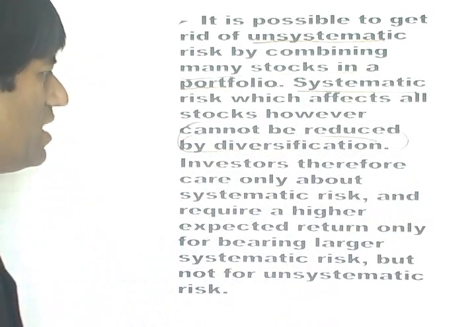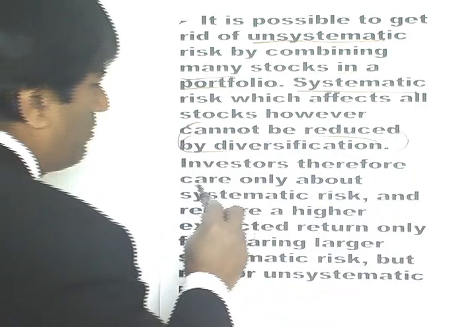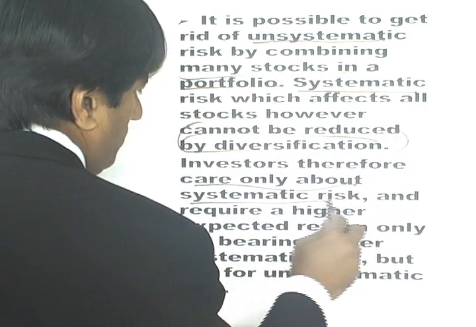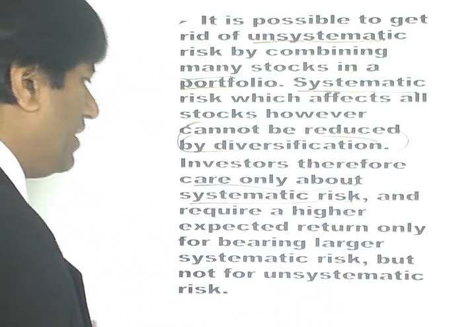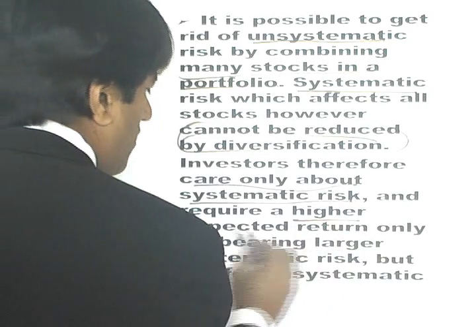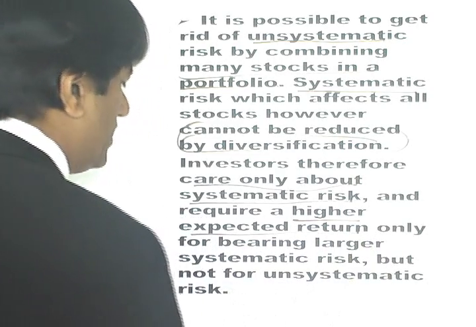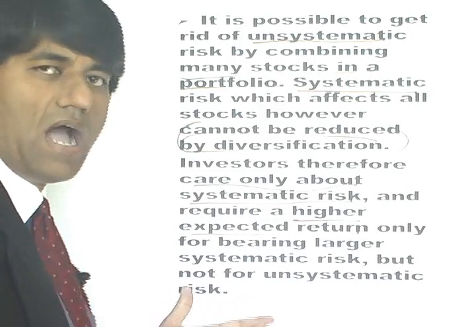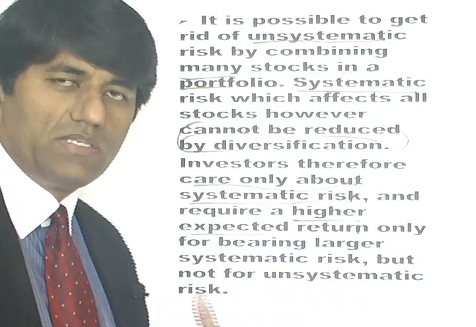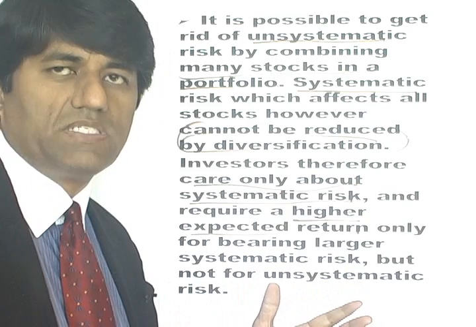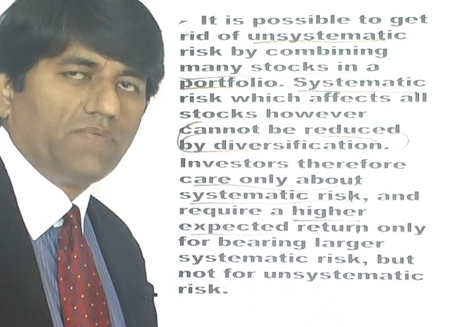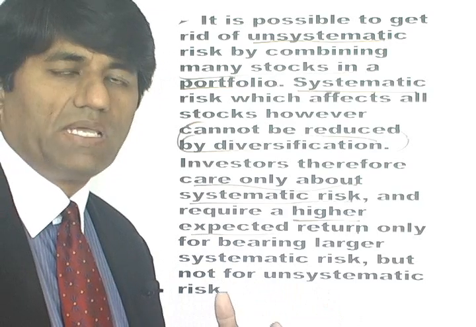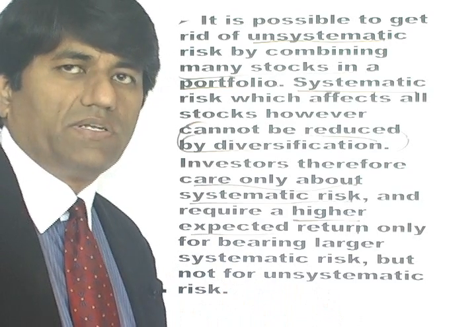And hence, investors only care about systematic risk. When an asset has systematic risk, the investor has to be given a higher expected return to purchase that asset. However, for unsystematic risk, because you can get rid of it by diversification, investors don't have to be given any extra reward, so they don't have to be given extra expected return.